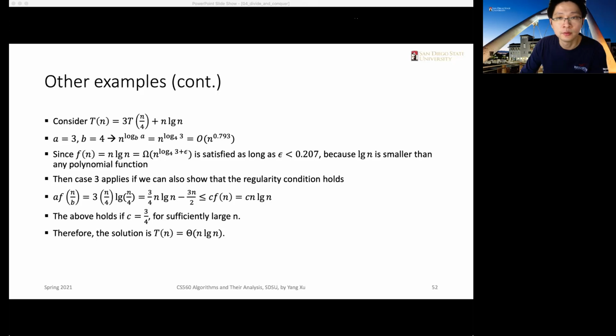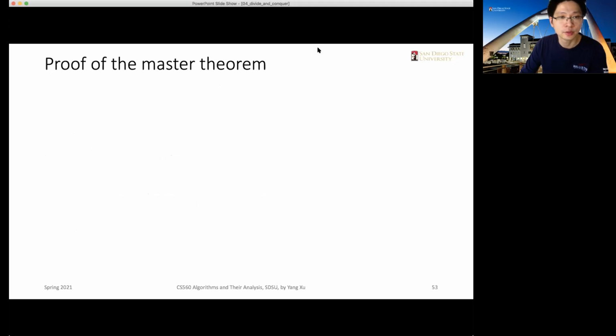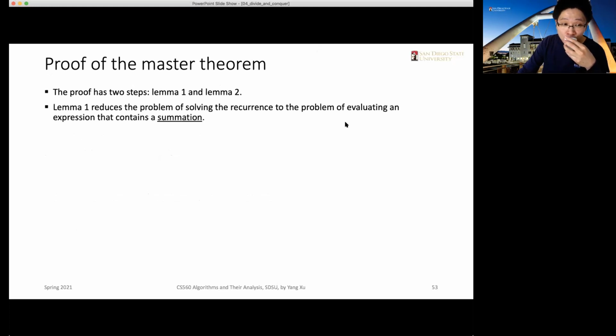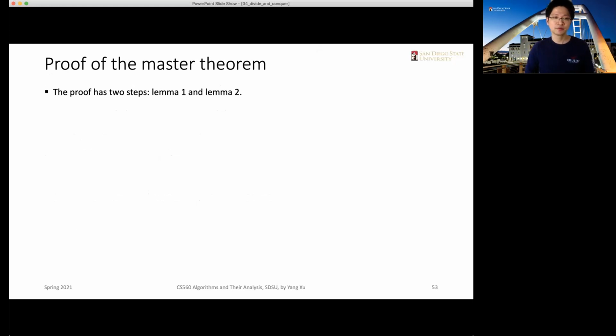Okay, so let's go on to the proof of Master Theorem. All right. There are 2 steps we will go through. First of all, the proof of the Master Theorem is quite similar to the way that we use for the recursion tree method.